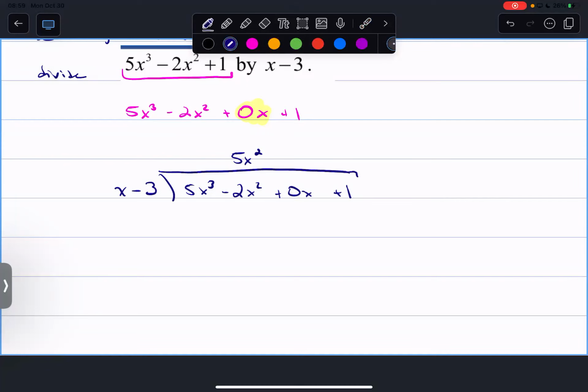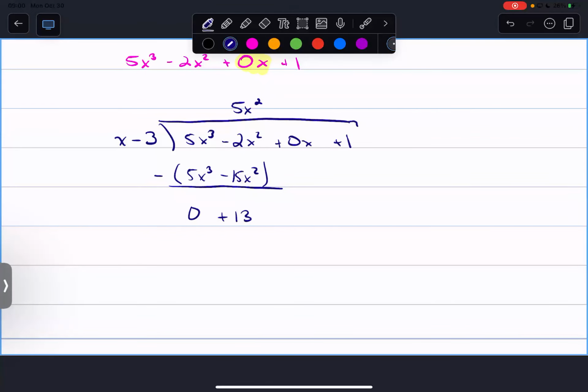So 5x squared times x is 5x to the 3, and 5x squared times negative 3 puts me at negative 15x squared. Next I want to subtract that from what's above. 5x to the 3 minus 5x to the 3 goes to 0. That's nice. Negative 2x squared plus 15x squared puts me at plus 13x squared.